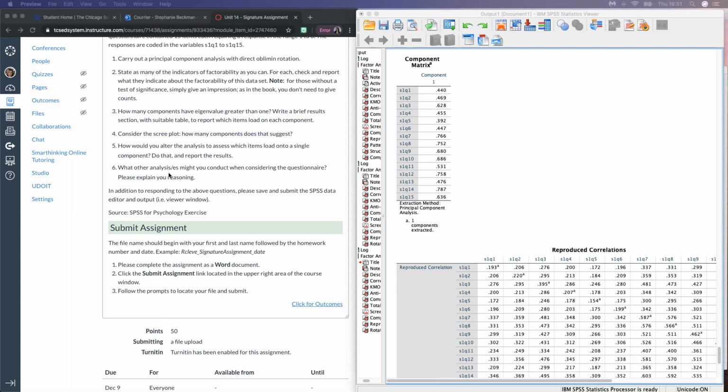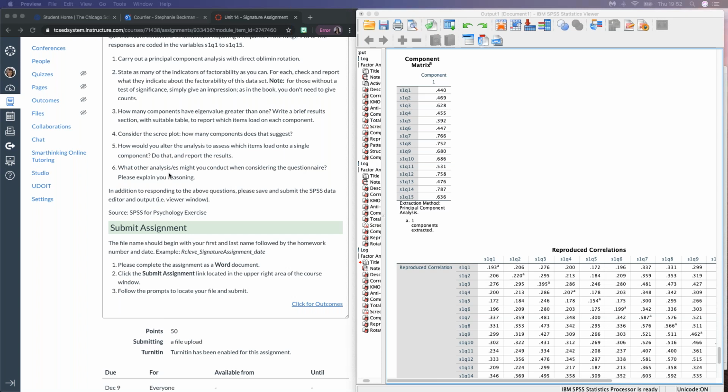There are several different statistical analyses that could be used for any data set. It depends on what your question is and what you're trying to find out. But for this example, you could have done a basic factor analysis as opposed to the specific principal component analysis.